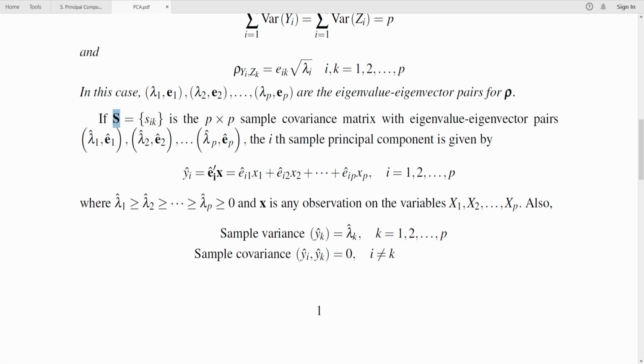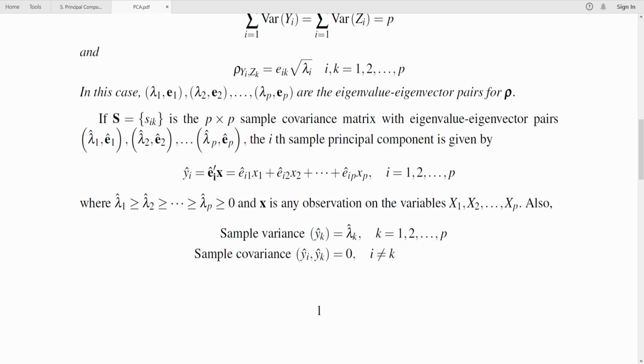When you're using the sample correlation matrix, you don't have this problem. This follows immediately from the formula of our sample correlation matrix. Even if it's divided by n or n minus 1, it will still yield the same sample correlation matrix.